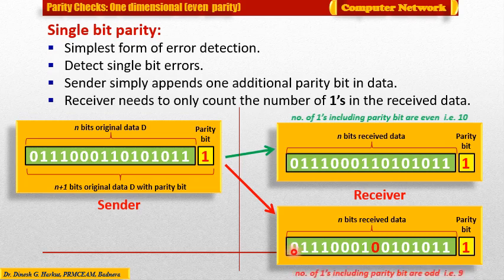Suppose this is the data received by the receiver. Here again, in case of even parity scheme, the receiver counts the number of ones in the n plus 1 bits, including the parity bit. Here in this case 1, 2, 3, 4, 5, 6, 7, 8 and 9. As the number of ones in the n plus 1 bits is odd, and we are discussing the even parity scheme, the receiver can infer that there is a 1 bit error.